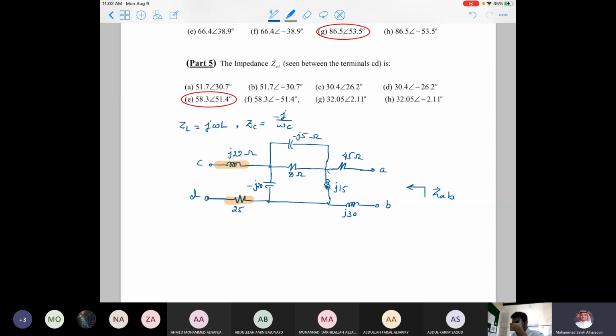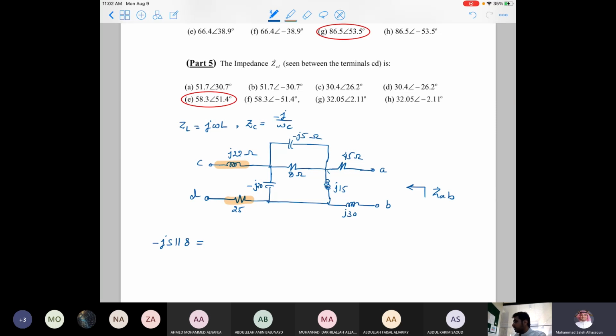So this implies I don't need to include them when I want to calculate the impedance. So let me start with the first simplification. You can see here the first simplification, I have minus J5 ohm in parallel with 8 ohm. So this is the first simplification.